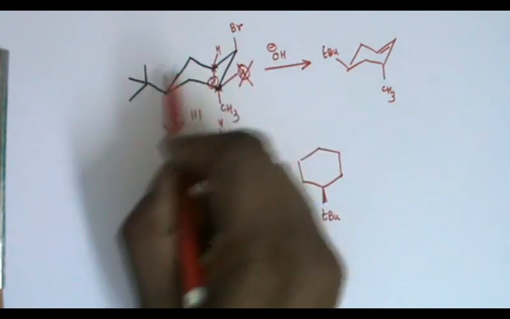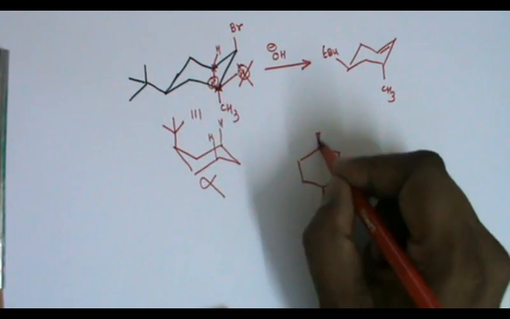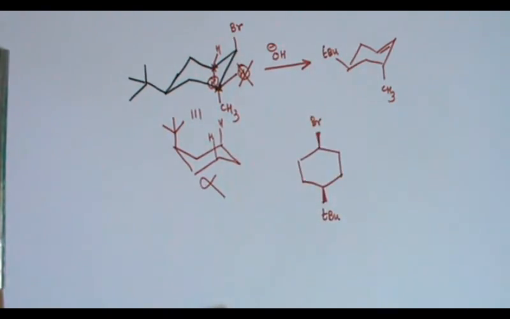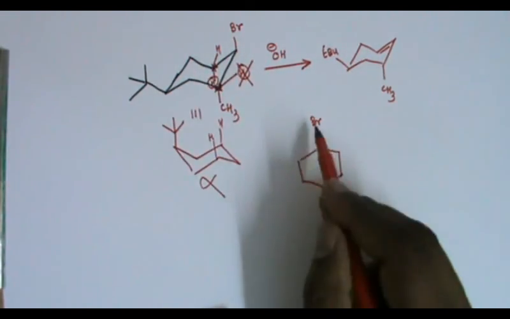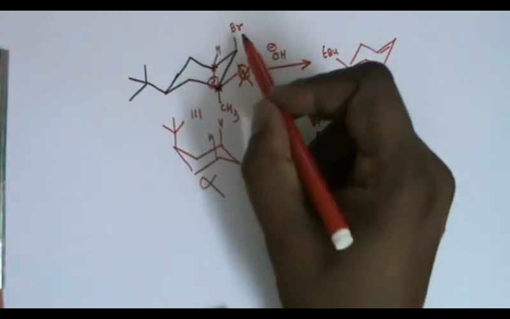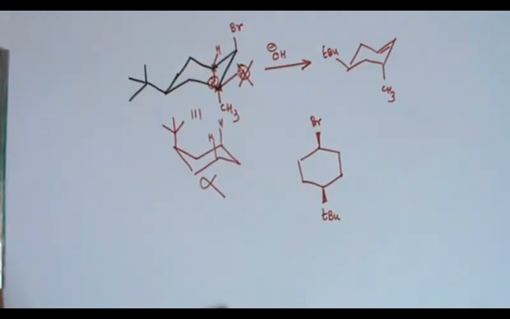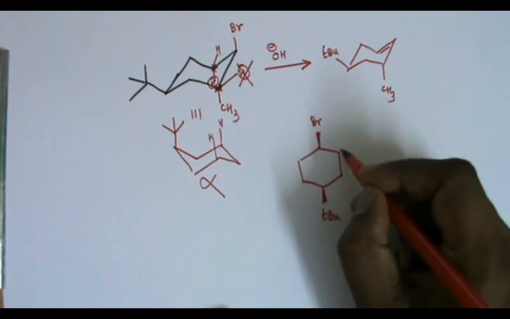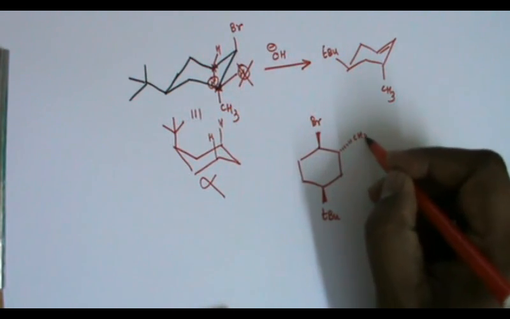Tertiary butyl and Br, they are cis to each other. You can see here they are cis. So I put Br here. They are on the 1,4 carbons. So 1, 2, 3, 4 carbon. So I have placed it like this. And this Br and CH3, they are trans. So I put CH3 like this.